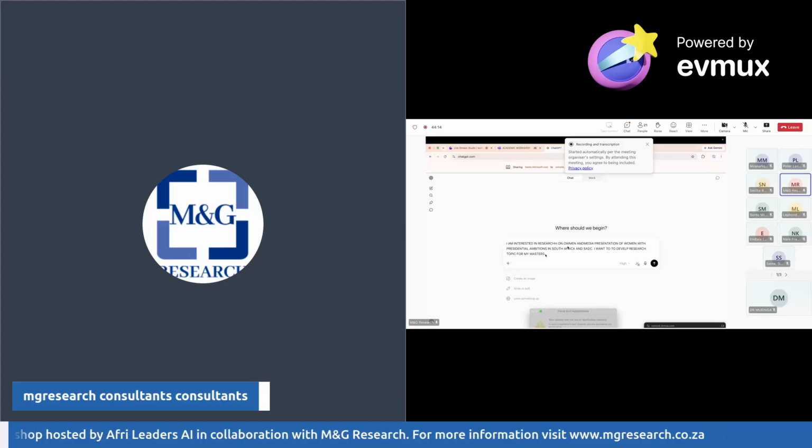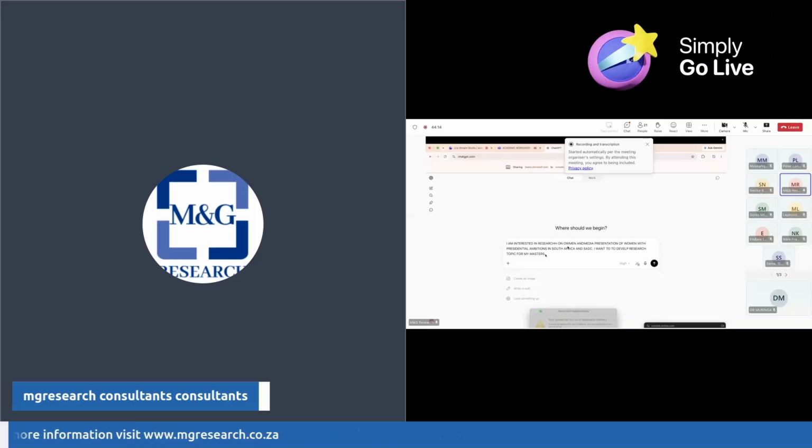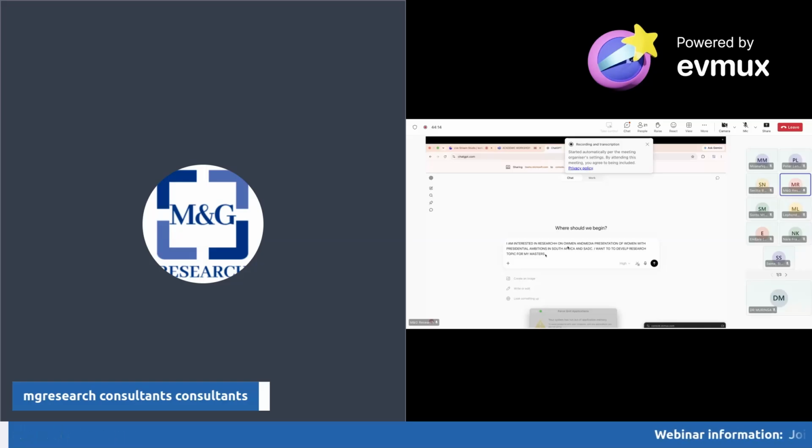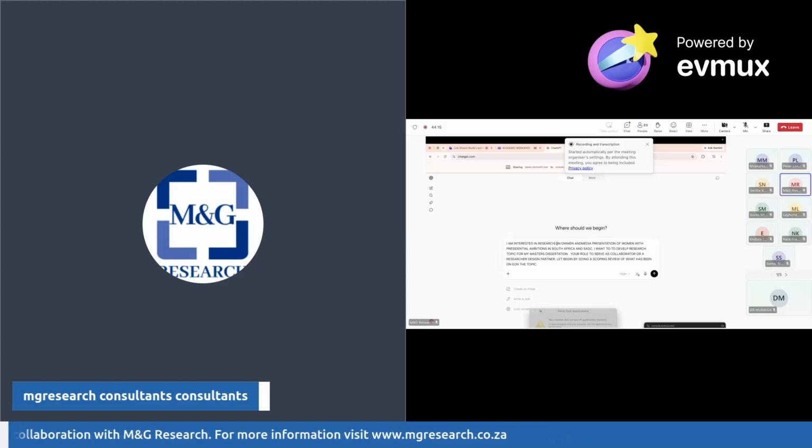We might need to say, provide an annotated reference list. So number one, we want to know what the gaps are. So here, the first step is the scoping. We're doing a scoping before we even get to, we need to ground our topic in the literature that has already been there.